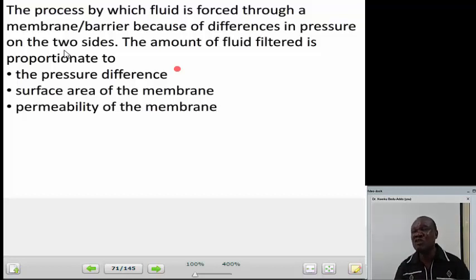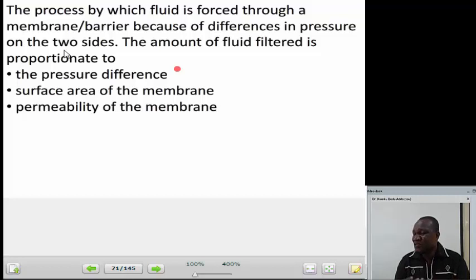The rate of filtration is also dependent on the surface area of the membrane. If the surface area is big, filtration rate is high. Then filtration also depends on the permeability of the membrane. So depending on the coarseness of the filter, if the spaces between the filter are big, then filtration rate is high.